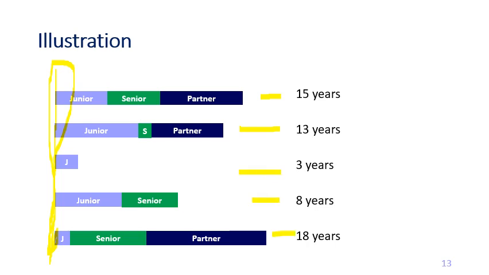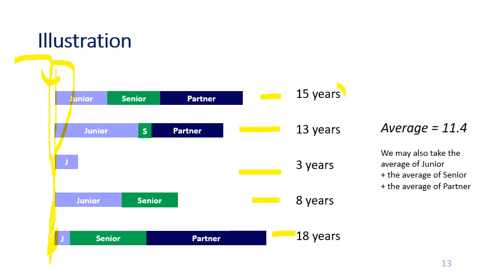If we want to take the average length of time that a person who starts as a junior works in the firm, we may just take the average of these 5 numbers, right?